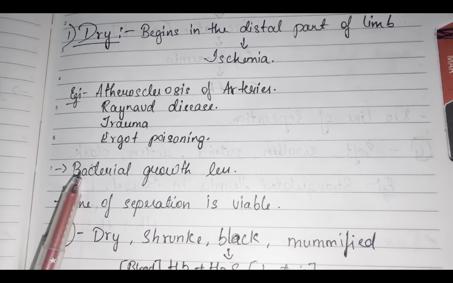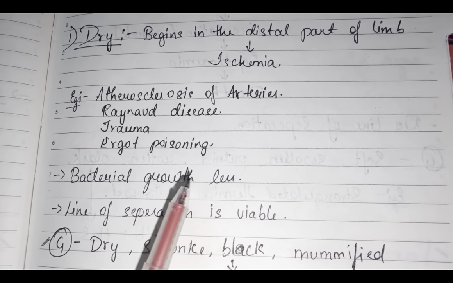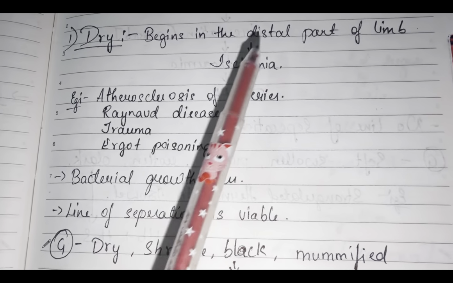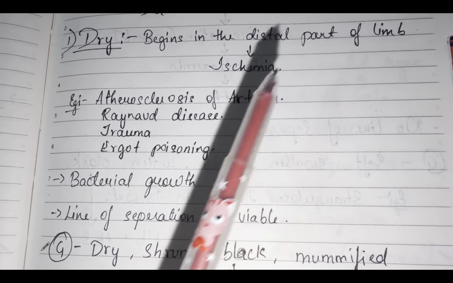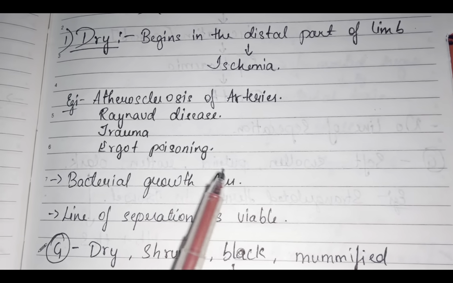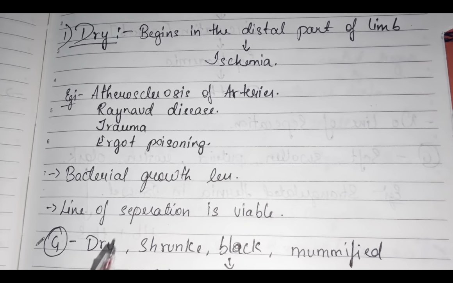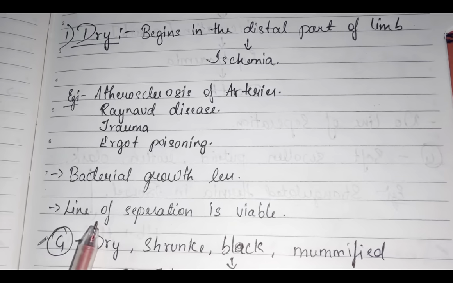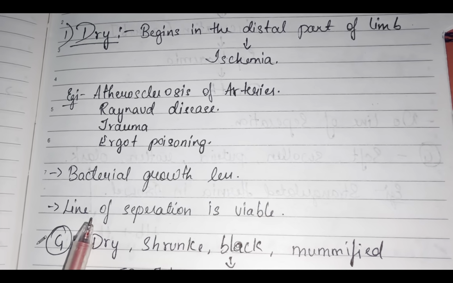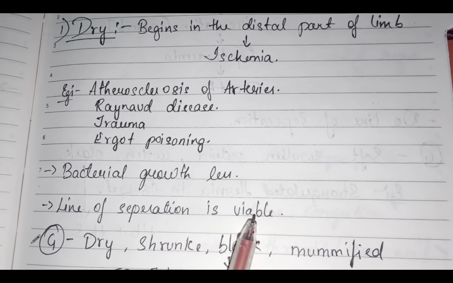Here, the bacterial growth is actually less, because in the distal parts of the limb where there is less blood supply, the bacterial growth also becomes difficult. Thus we can find the line of separation clearly visible.